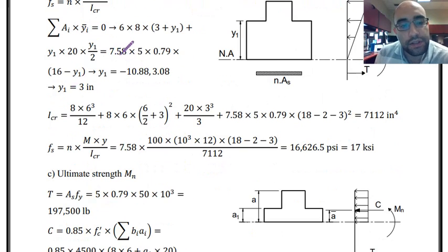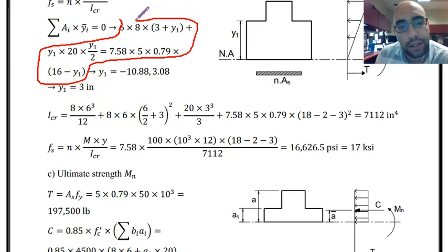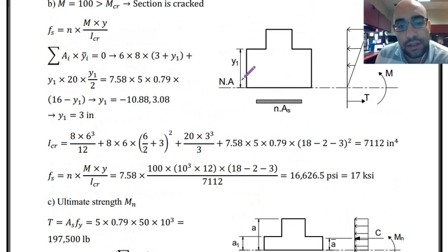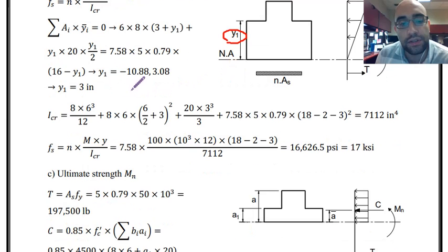Now that we have this equation, the only unknown in it is y1. So I can calculate that, and you can see this parameter, y1, has two values, because we have a parabolic equation. The negative value is meaningless.